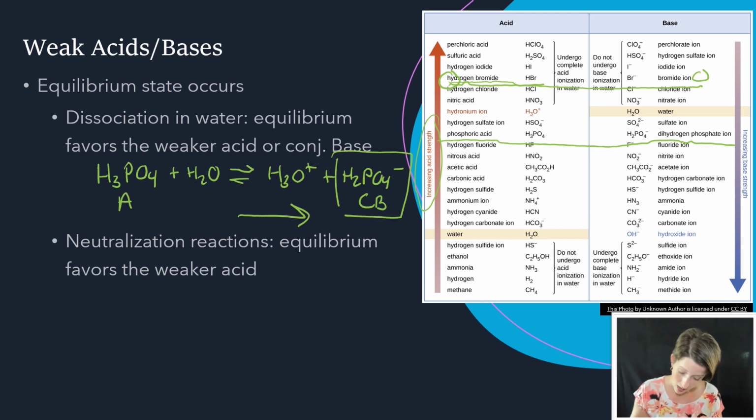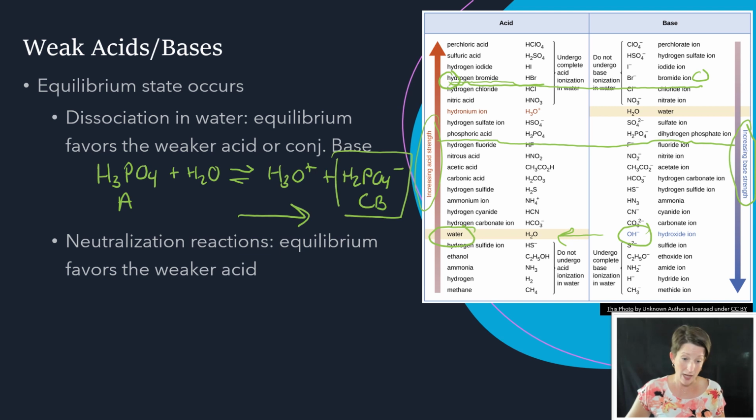As we come down, like water, so water versus the hydroxide ion has an increasing of that base, and therefore we are going to favor the formation of water over that of the hydroxide ion. I will always give you something that's a lot more extreme in here and not something that's in the middle that you would have to determine the difference between.